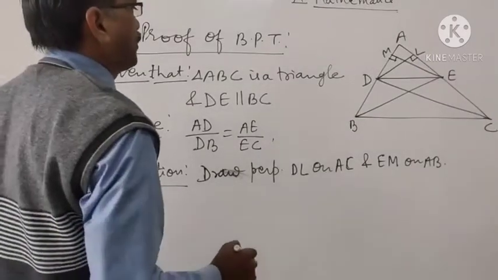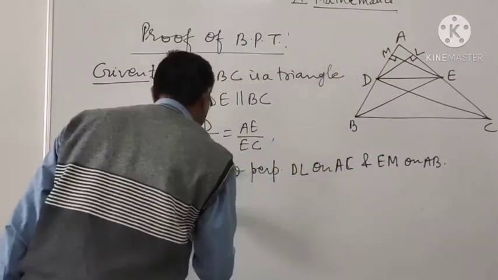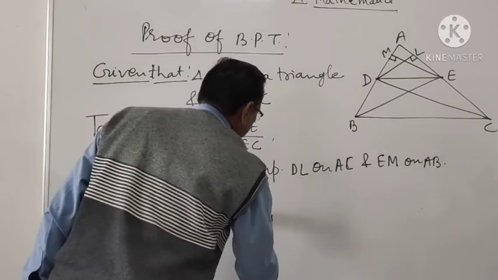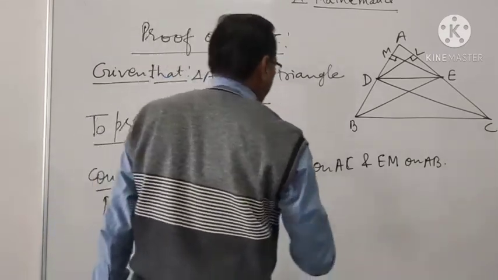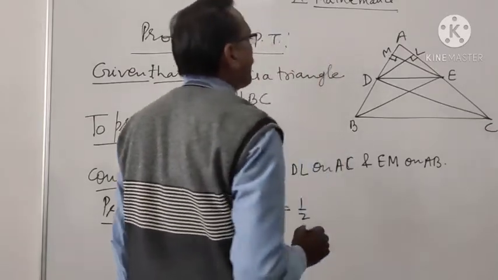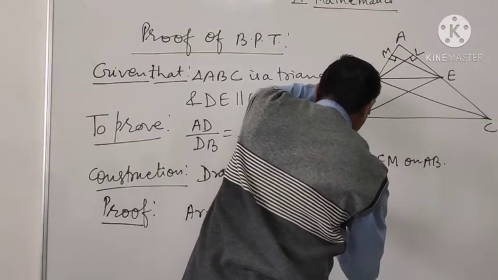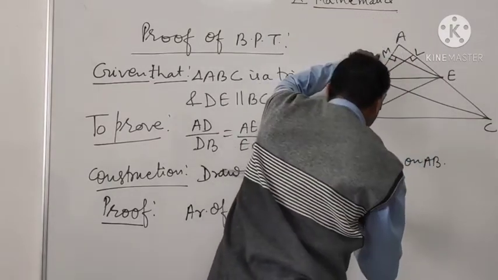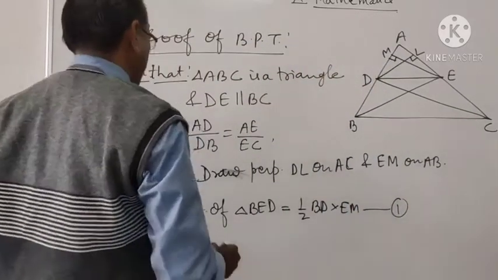Now the area of triangle BED equals half of base into height. Here the base is BD and the height is this perpendicular EM. Let it be equation 1.